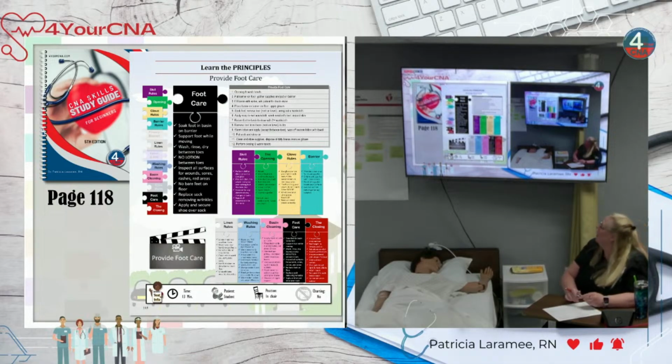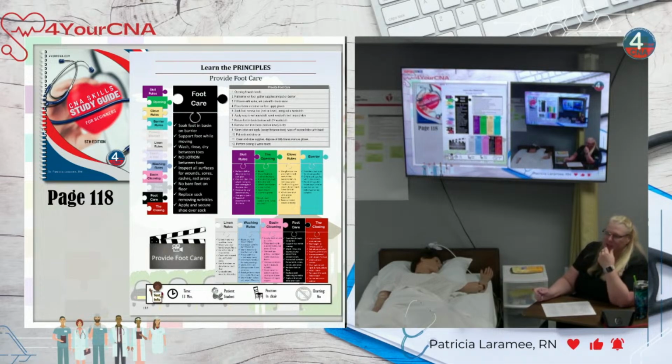Foot care. This is going to be on page 118 of your book. Do you guys remember hand and nail care?